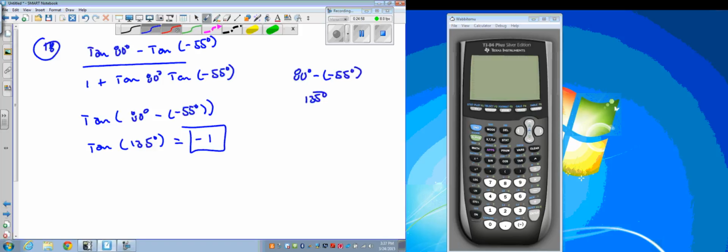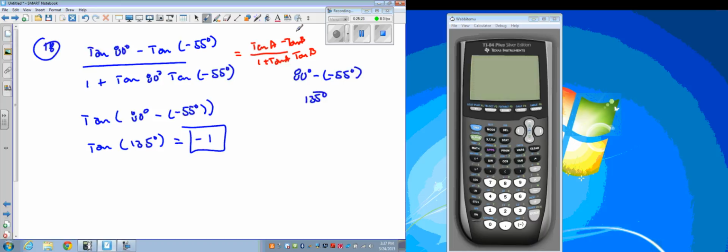See, this is tangent A minus tangent B over 1 plus tangent A tangent B. If you look at that and look at your identity backwards, when you have something that looks like this, it's equal to the tangent of A minus B. On your identities, you're going right to left.